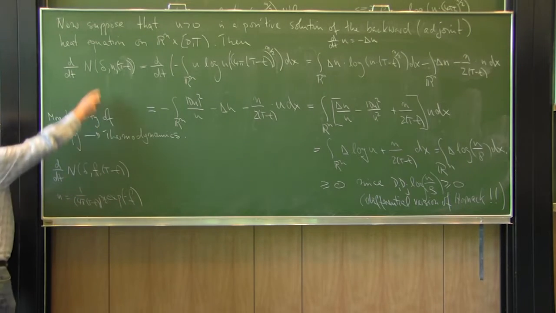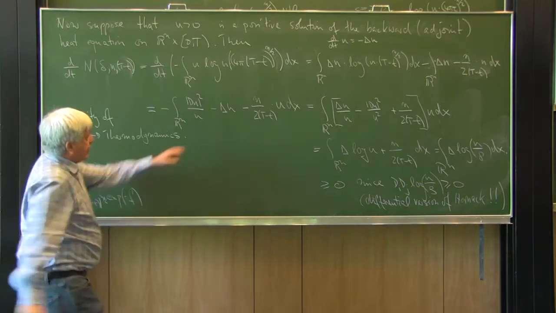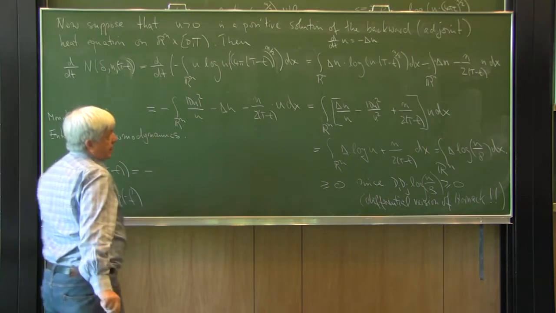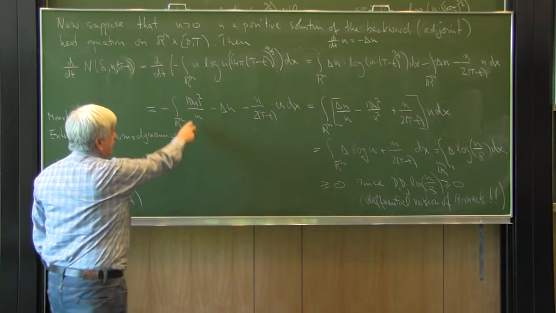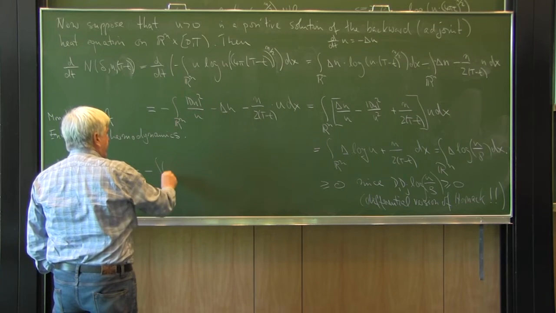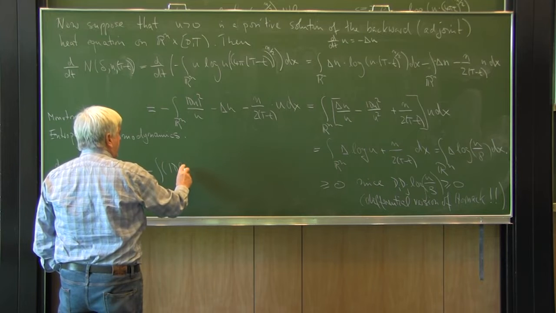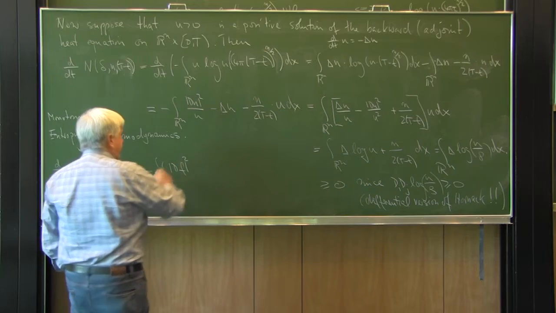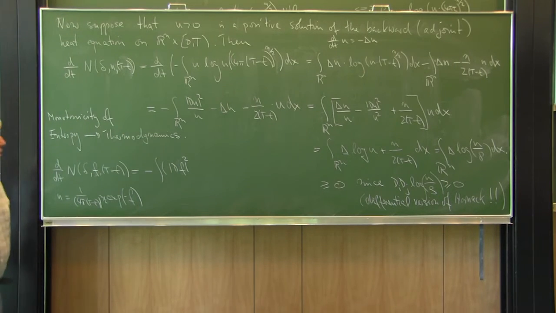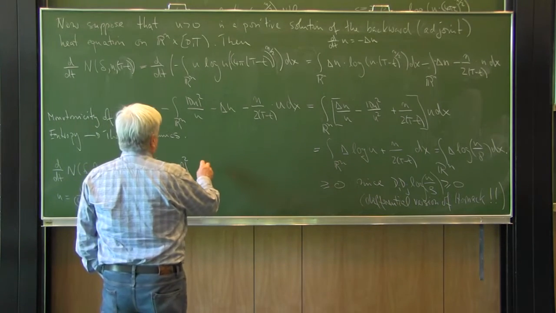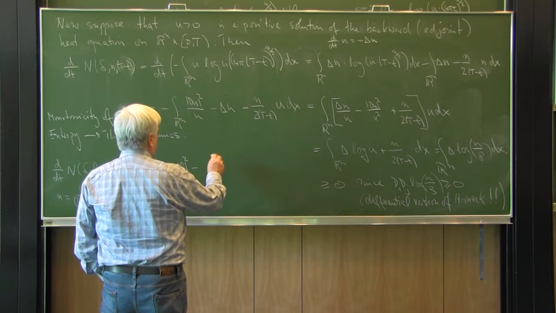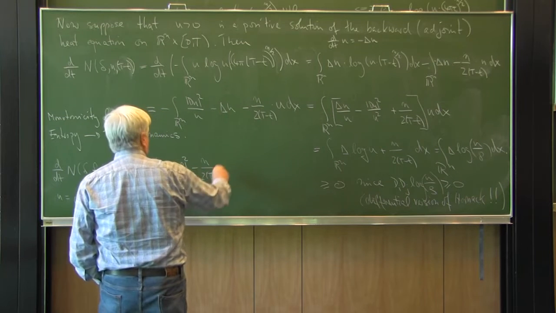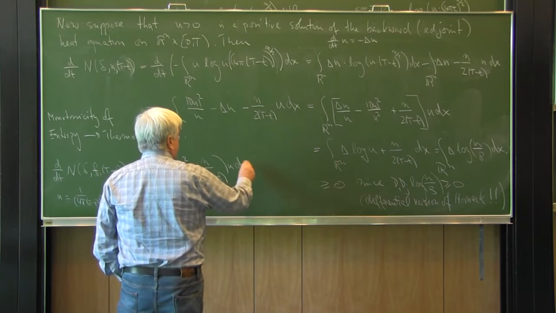So we can rewrite this term as minus the integral of the gradient of log u squared, which is like the gradient of f squared, minus n over 2(T minus t), and the whole thing times u dx.